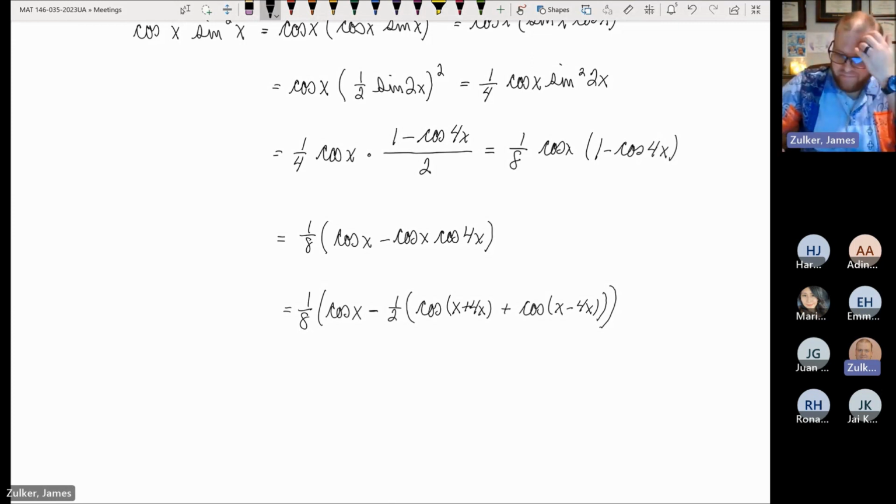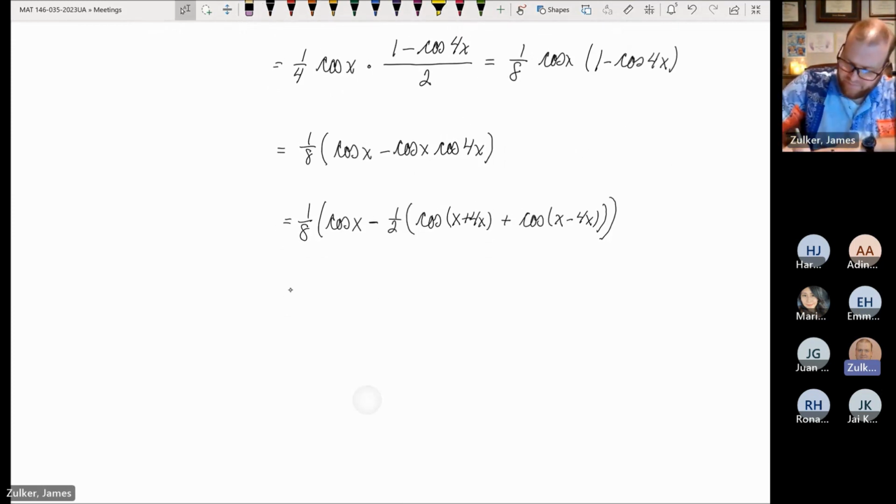You can factor out a 1/2. If I factor a half out of cosine, we're just left with 2 cosine.